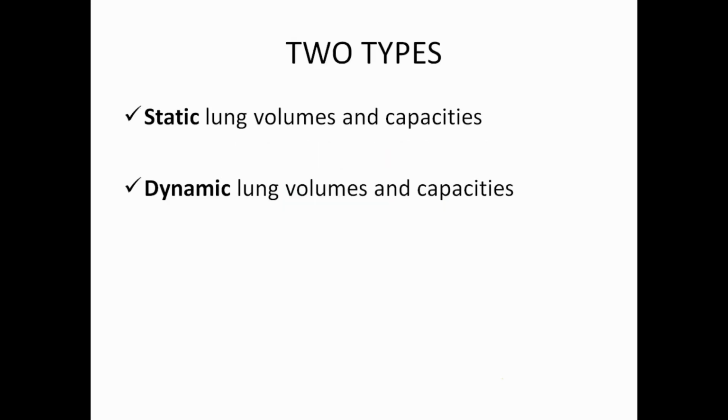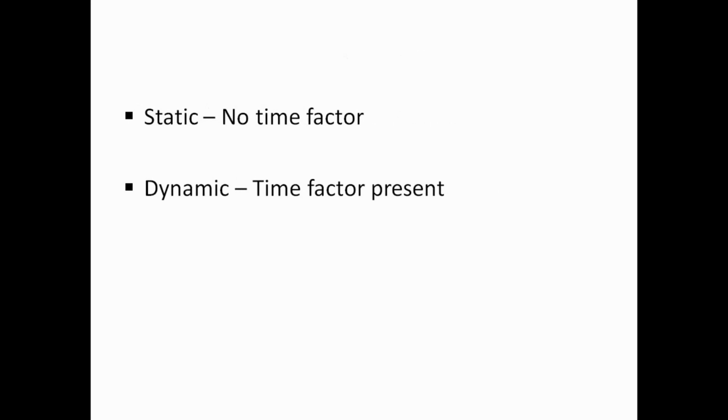There are two types: the first is static and the second is dynamic. What is the difference between static and dynamic? In static, there is no time factor involved, but in dynamic, on the other hand, the time factor is present, which we'll be learning in detail as we go on in the video.